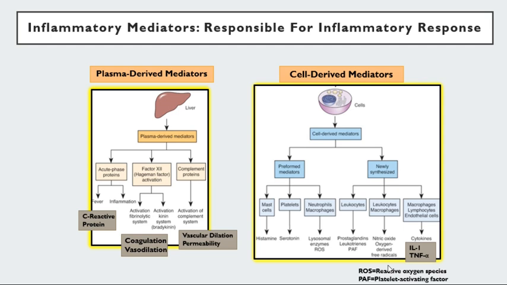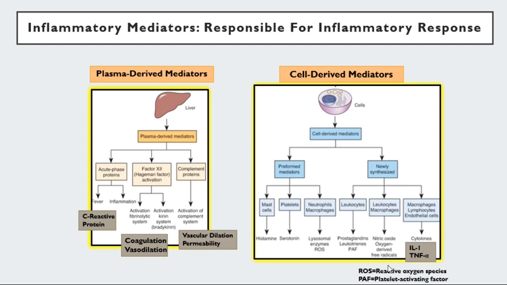So we have the acute arm, which comes from a couple different areas. The first being plasma-derived mediators. These are things that exist in your blood that help generally fight everything, like your complement system that I mentioned earlier. These are made by your liver. I do want to note that these are bolded because I think this was a test question: which of the following is a plasma-derived mediator?